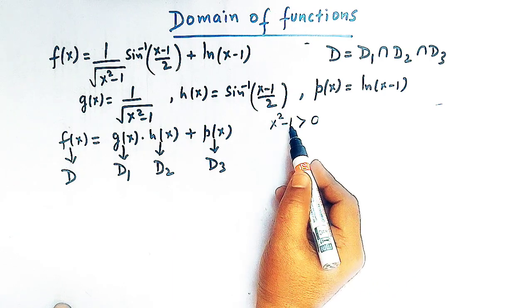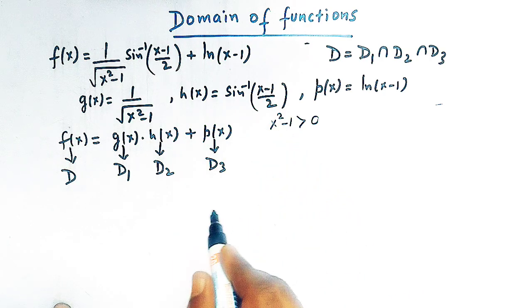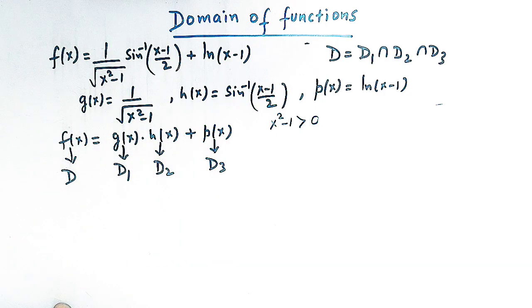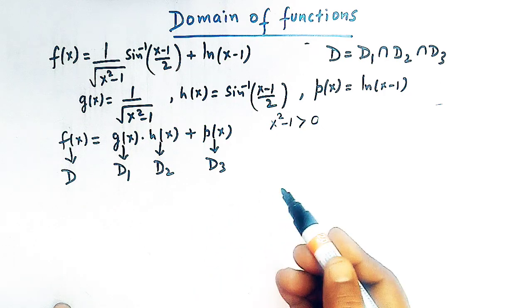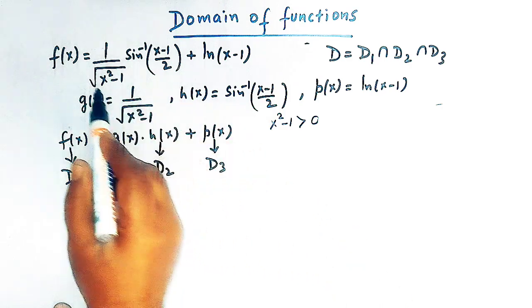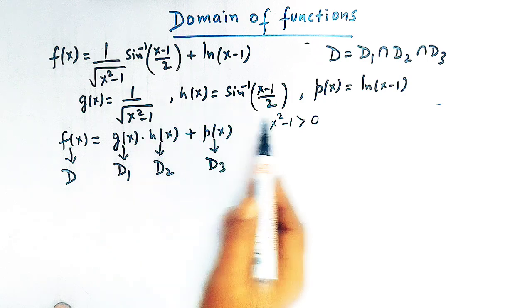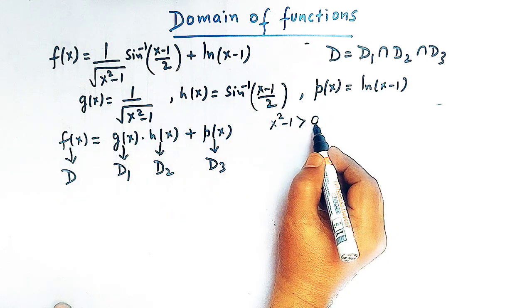And if x square minus 1 is a negative quantity, then the square root of negative numbers are defined in the set of complex numbers. But here we are talking about the real numbers, so x square minus 1 should be greater than 0.